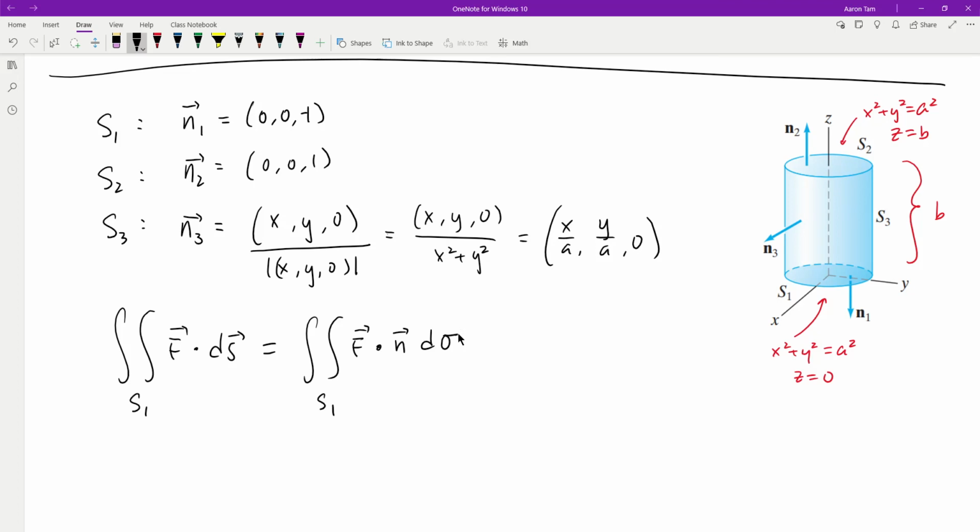And in this case, I'm going to bypass the parametric representation and just use x, y, and z. So this is my function vector f. For S1, our perpendicular vector is 0, 0, negative 1. And we have d sigma.